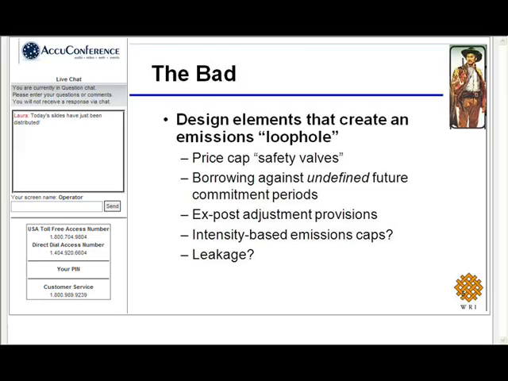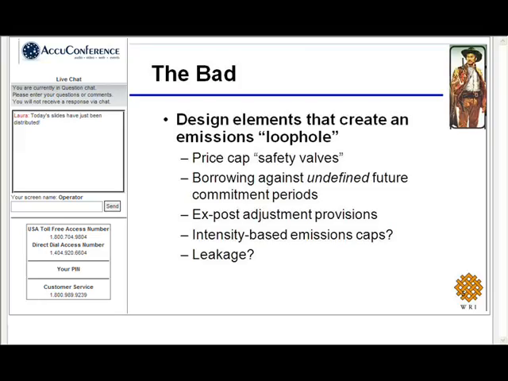That is also cited in some cases as a potential deal breaker. Folks who have an absolute cap and trade system may hesitate about linking to a system with an intensity-based cap.